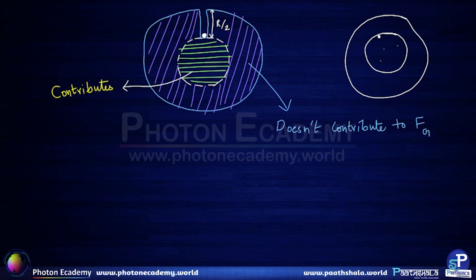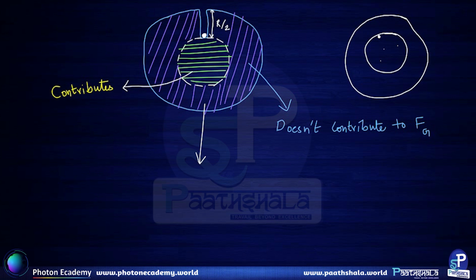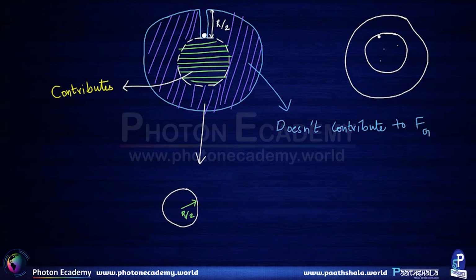So we can draw the equivalent diagram for this as some planet which has the same density as the Earth and has the radius r by 2. And we have placed the body on this planet's surface, and we are weighing the body.